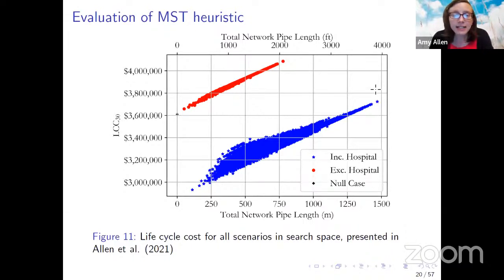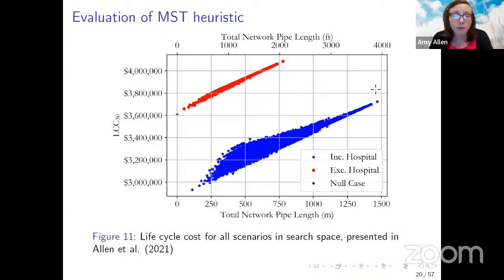And as one can see, a bifurcation exists here as to whether or not the prototypical hospital building is served by the network, with the scenarios in which the hospital building is served by the network having a significantly lower life cycle cost.